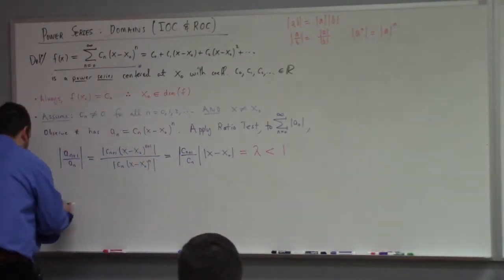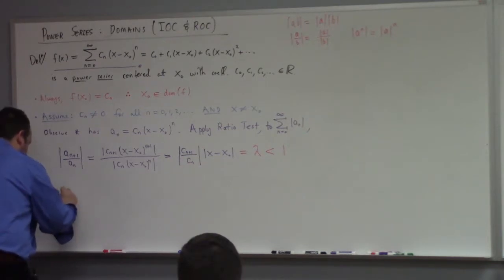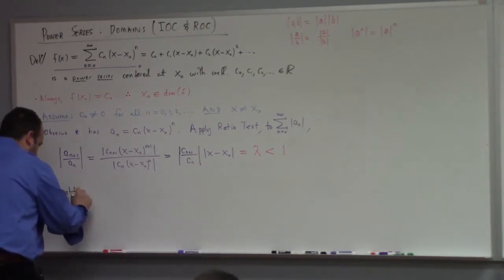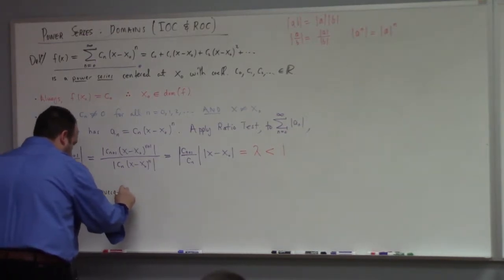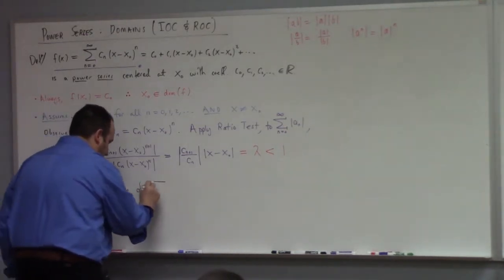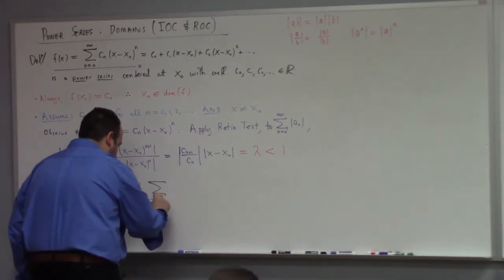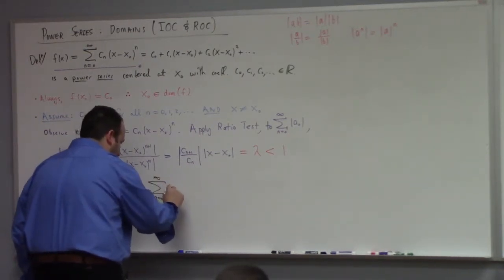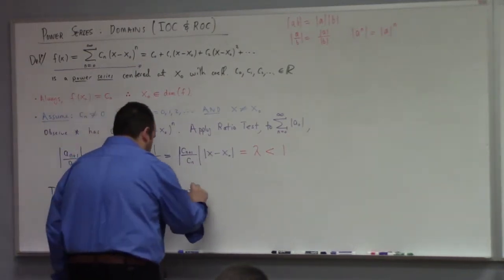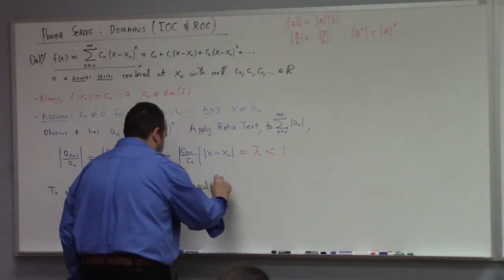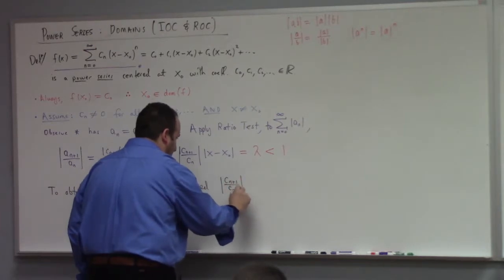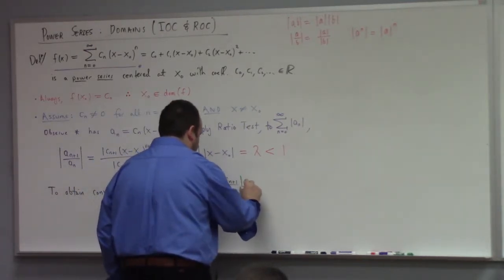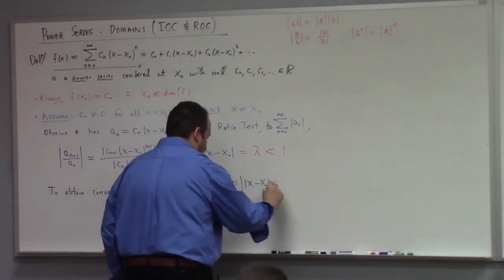What do we need here? So to obtain convergence of the sum n equals 0 to infinity of the absolute value of a sub n, we need that the absolute value of C sub n plus 1 over Cn times the absolute value of x minus x naught is less than 1.